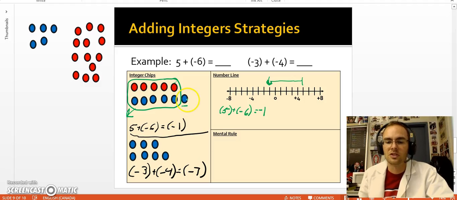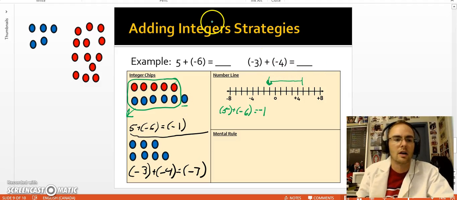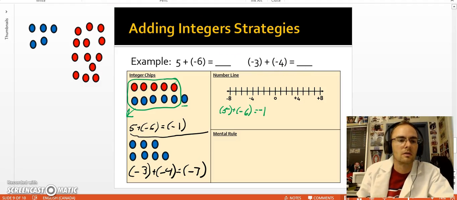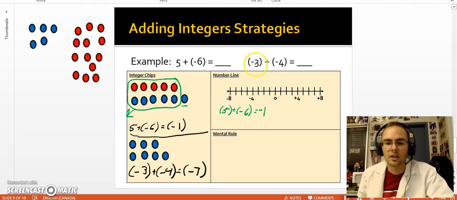Now, if I were to do the same thing with the other question, I'll erase this out here. So the second question, I start again on my first integer, which is -3 right here, and I have to add -4. So I'm still moving to the left along my number line because I'm adding more negative feelings.